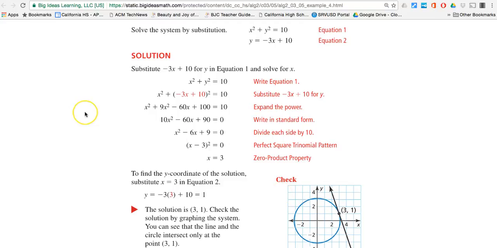So as in all the cases that we've done so far, the point or points that you're looking for are where each of your lines or parabolas or circles in this case intersect. So it doesn't matter what type of equation we're looking at. In all of them, if you're looking at the graphs, they're the point at which they intersect.